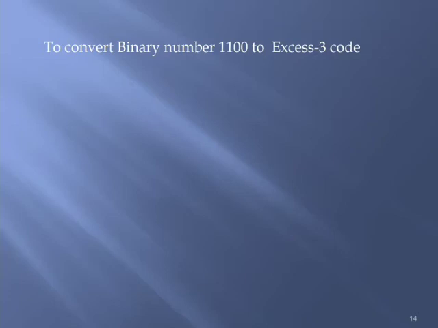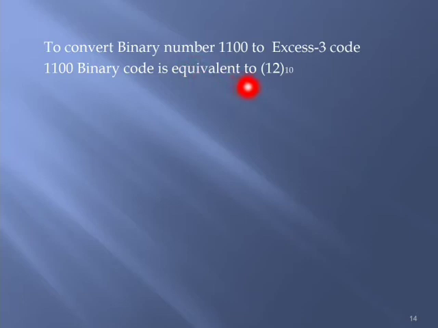So in order to convert a binary number to XS3 code, first we need to take its corresponding decimal number. I am considering the example 1100. What is its decimal equivalent? It is 12.